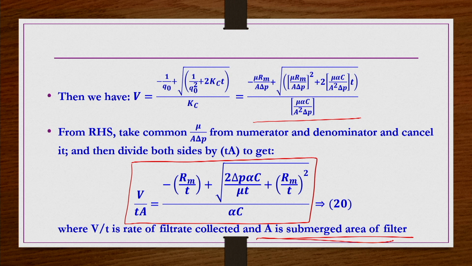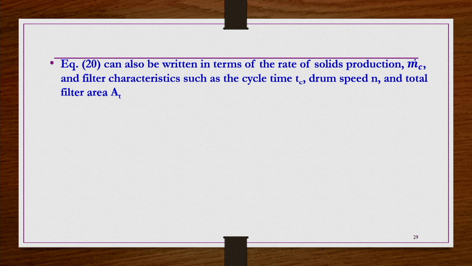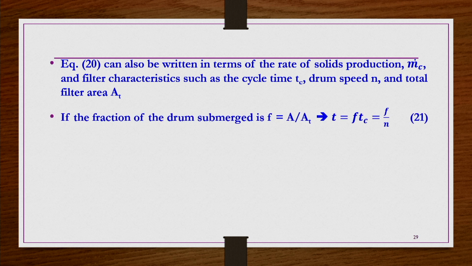But in the case of continuous filtration, only the fraction of the area of the filter medium that is submerged in the slurry is A. So this equation 20 can also be written in terms of the rate of solids production m dot c, and filter characteristics such as the cycle time tc, drum speed N, and total filter area At. If the fraction of the drum submerged is f, then A by At is nothing but f.